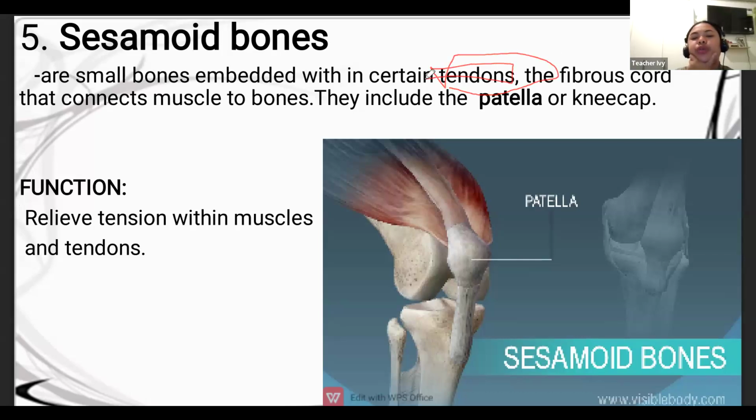Alfonso, what do you mean by tendons? As I remember, the tendon is the muscle that makes our knees move. The muscle that makes our knees move.